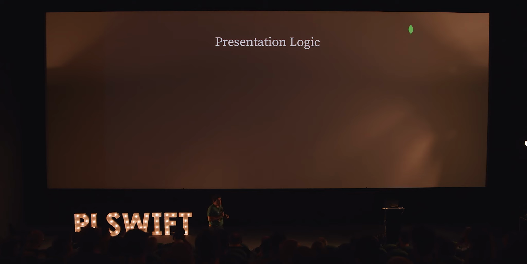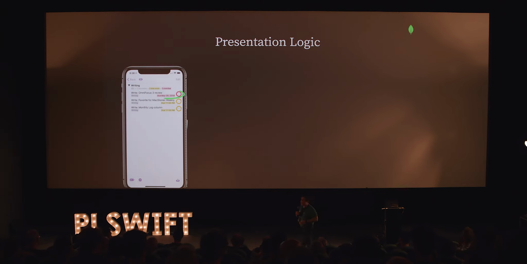But one of the things that is usually wrong in those examples, and even in some examples online, is how to use presentation logic. And before we talk about how it is implemented, let me talk about what it is. In some applications, this is Omnifocus. I don't know if you have ever used this.